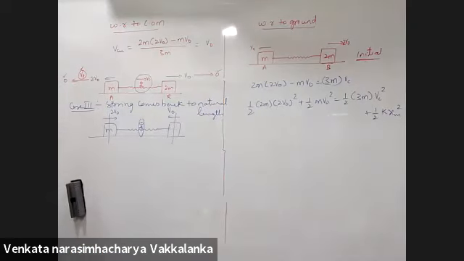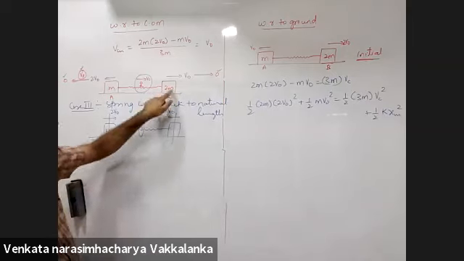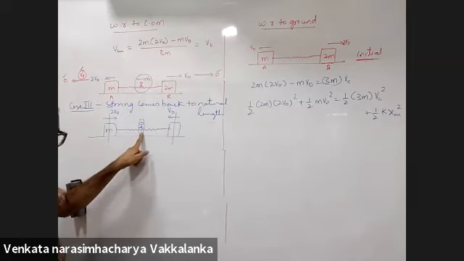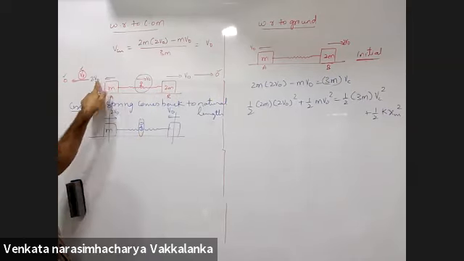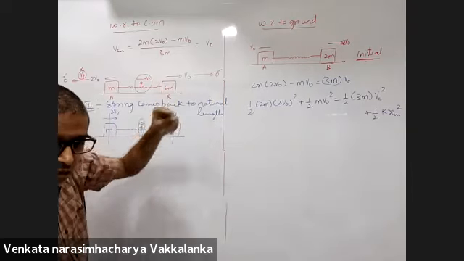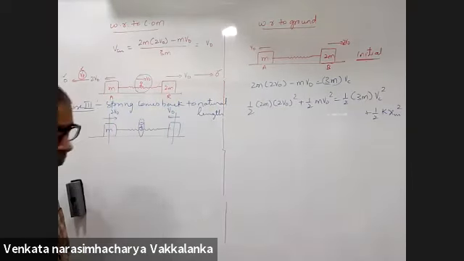Spring comes back to the natural length when both the masses, with respect to center of mass, have the same initial velocities in opposite direction.